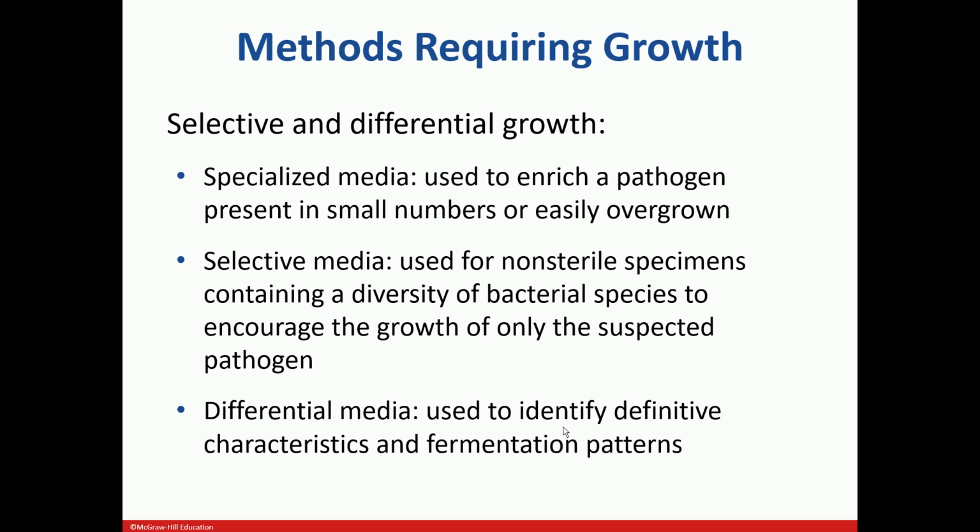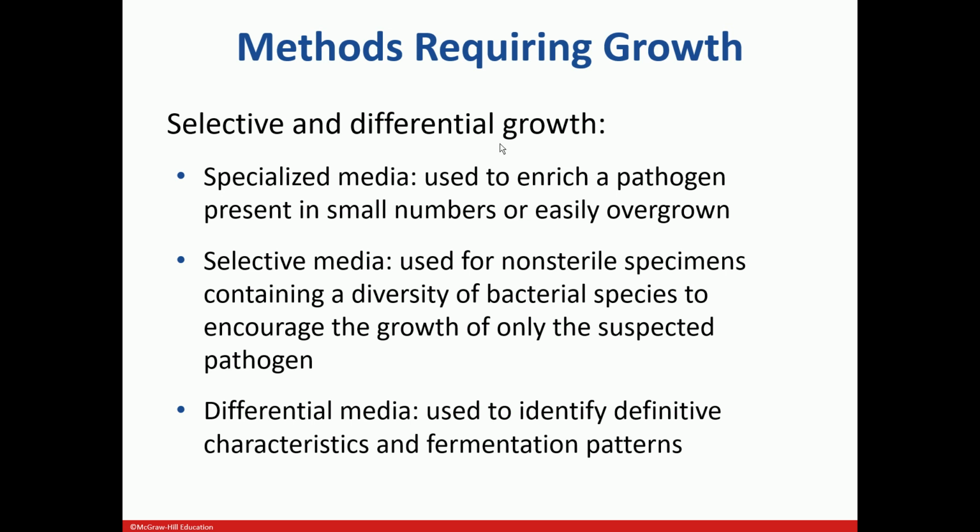Or we can also take the sample and use it as an inoculum, and inoculate those specimens on different kinds of medium, which means we can culture the bacteria in the specimen on these mediums.